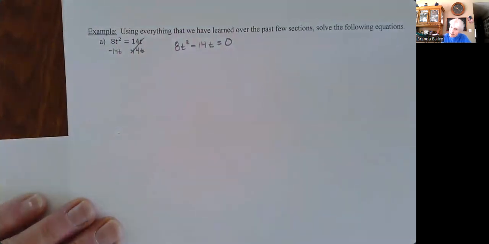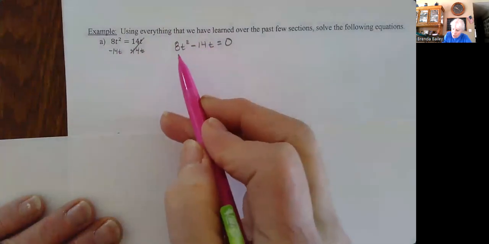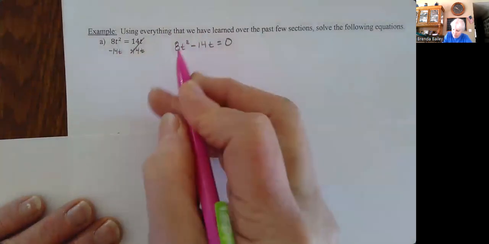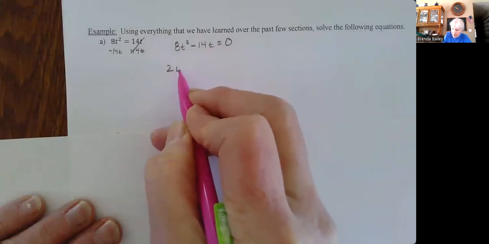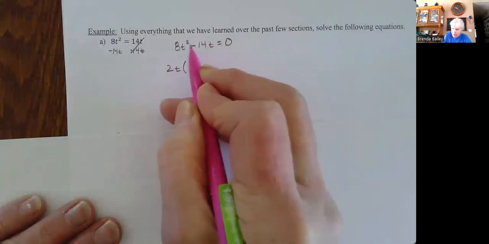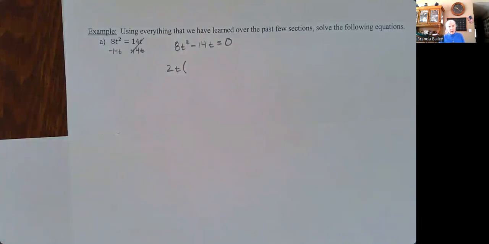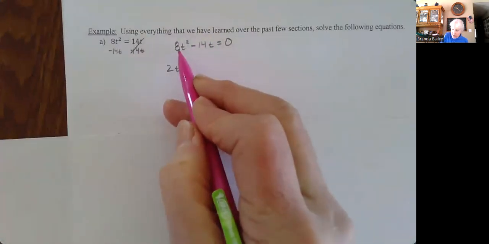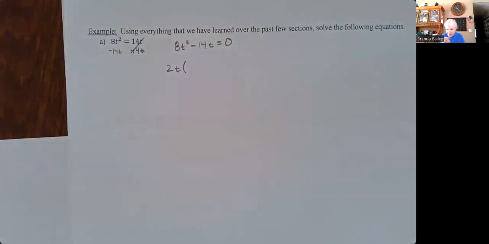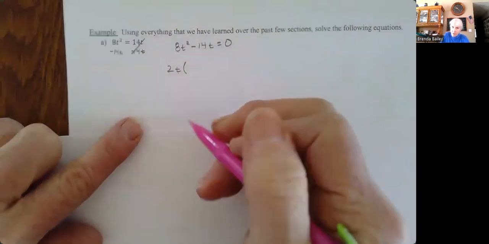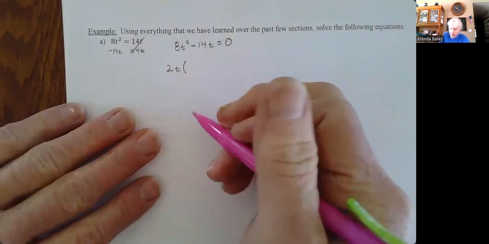First step, got to set it equal to 0. Next step, greatest common factor. And in this case, 2 goes into both of those. And t to the first, you use the smaller exponent. Okay. Now, again, make sure that it's the largest number that goes into both 8 and 14, those coefficients that you pull out.